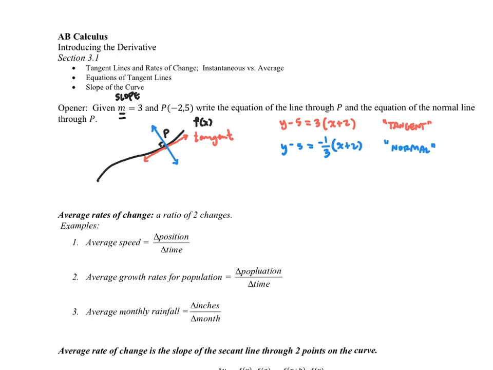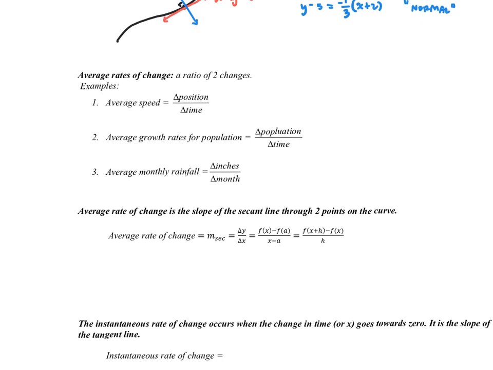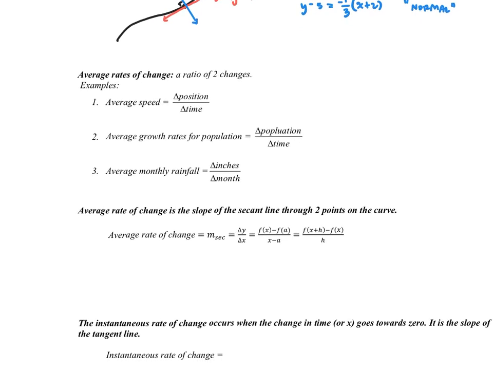Okay, let's continue with average rates of change, a ratio of two changes. The average rate of change we've talked about can be written in two forms. It can be f of x minus f of a over x minus a, or it can be f of x plus h minus f of x over x plus h minus x, which ends up equaling h.